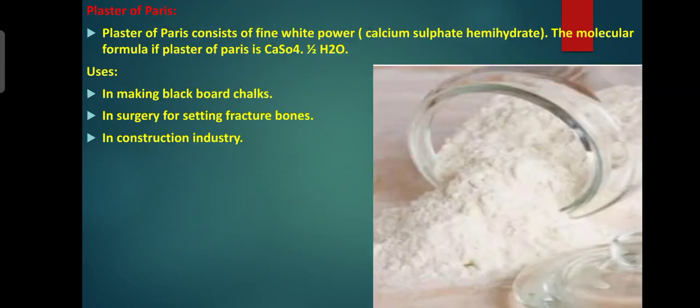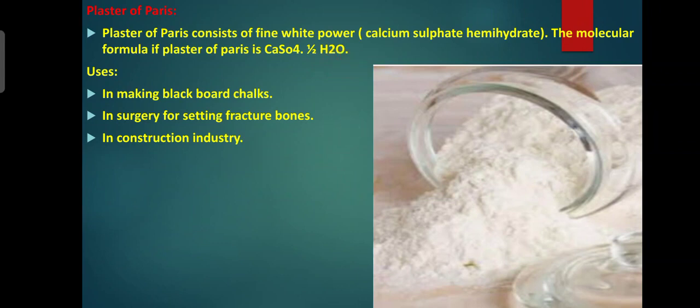Now we are going to discuss plaster of Paris. Plaster of Paris consists of fine white powder, calcium sulfate hemihydrate. The molecular formula of plaster of Paris is CaSO4·½H2O.